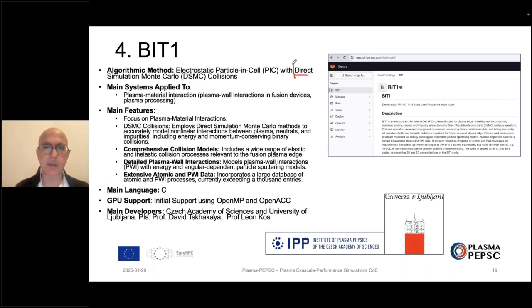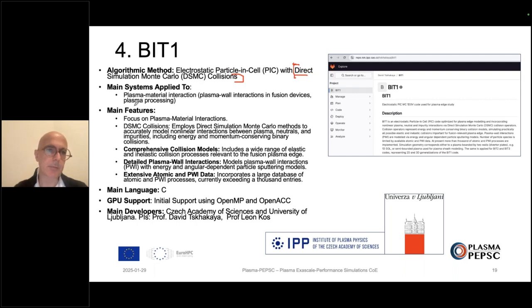It makes it extremely unique: it models atomic processes, collisions, and interaction with the wall at very high accuracy. So this is a super unique code. It's an electrostatic code with a collision model.